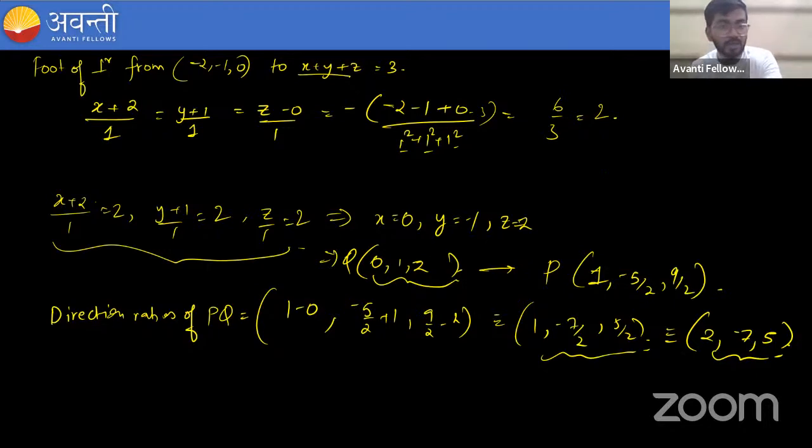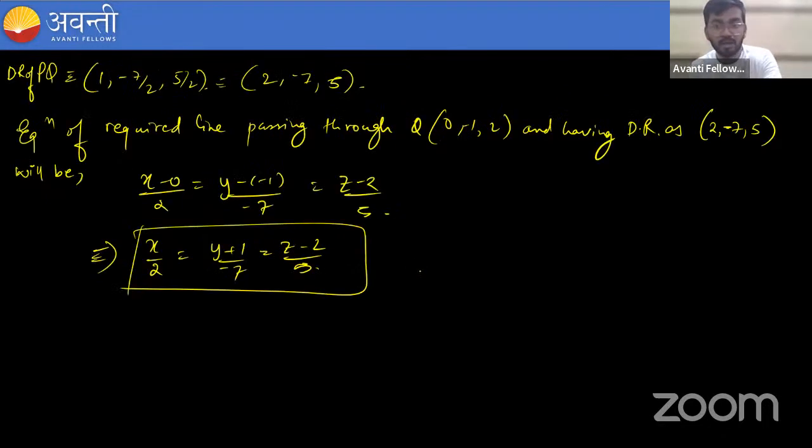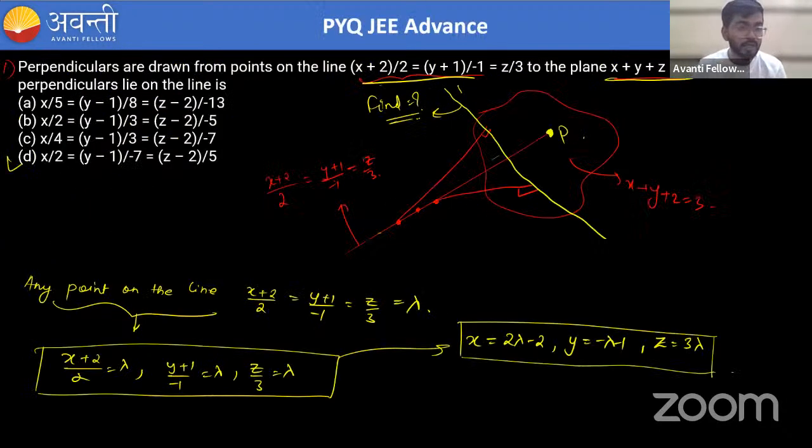So this will be (0, 1, 2). Here it will be y minus 1. So here we can see that option D is the same equation that we found out. So option D is the correct answer to the question.